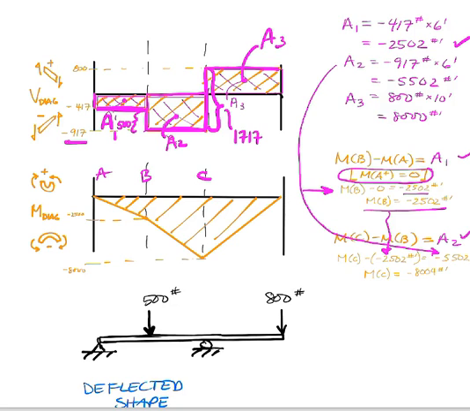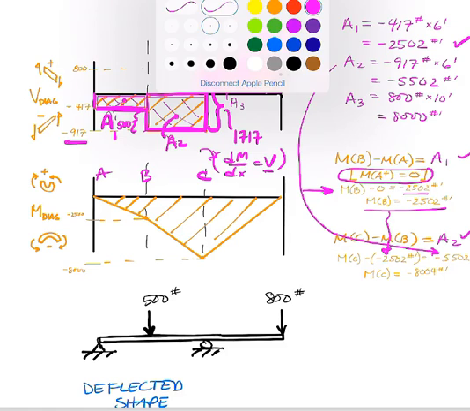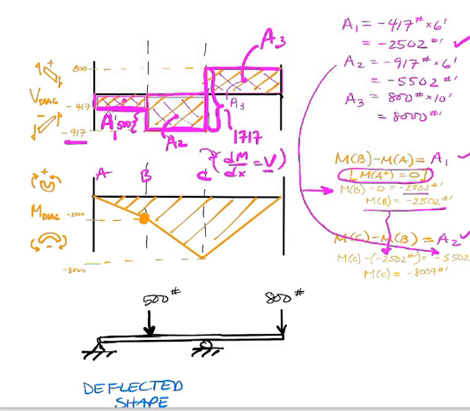The way I'm going to connect those points is with a straight line. The other relationship we know is that dM/dx is equal to V. That says that the slope of the moment diagram is equal to the value of the shear. So if the shear diagram is constant, then the slope is going to be constant. All the lines over here on my moment diagram are going to be straight. So again, here's my MB, there would be MC, and I know MA is equal to 0.